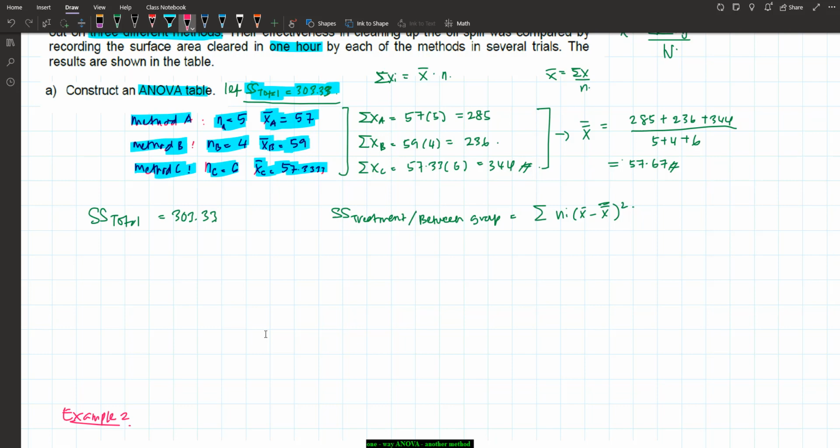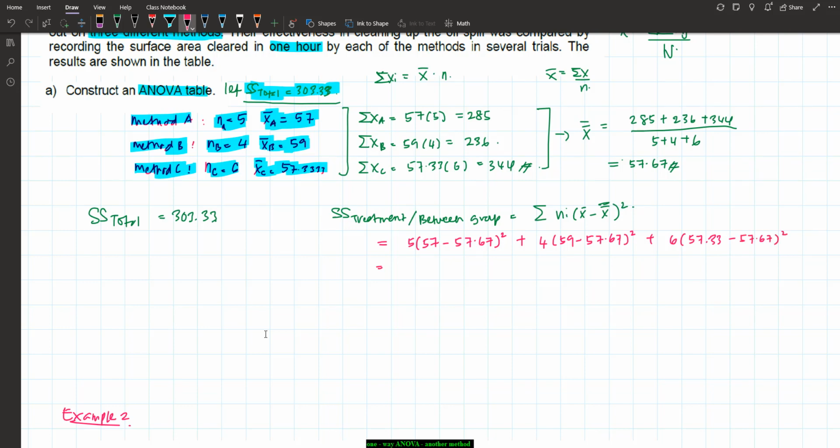Now to calculate the sum of square treatment, we use the formula, which is n multiplied by x bar minus x bar, squared. The first treatment is 5 multiplied by 57 minus 57.67 squared, plus 4 multiplied by 59 minus 57.67 squared, plus the last one, 6 multiplied by 57.33 minus 57.67 squared.